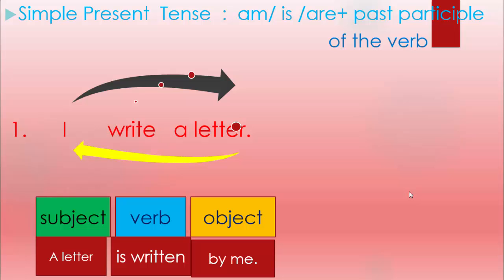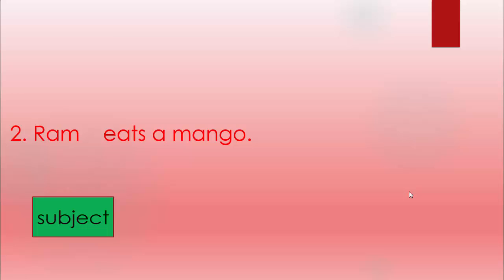Let me tell you another example of simple present tense. Ram eats a mango. So, which is the subject? Ram is the subject. Which is the verb?